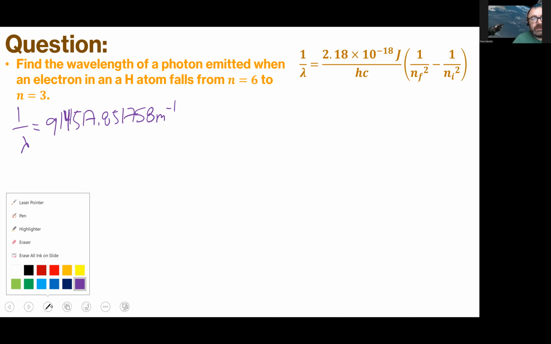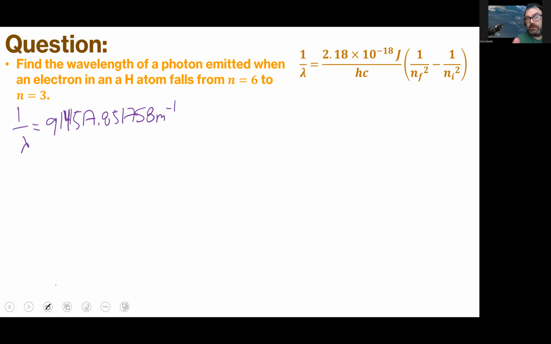I've had students get twisted up in this 1 over lambda business. Essentially, 1 over lambda is some number, so we take the reciprocal of it: lambda equals 1 over that number.